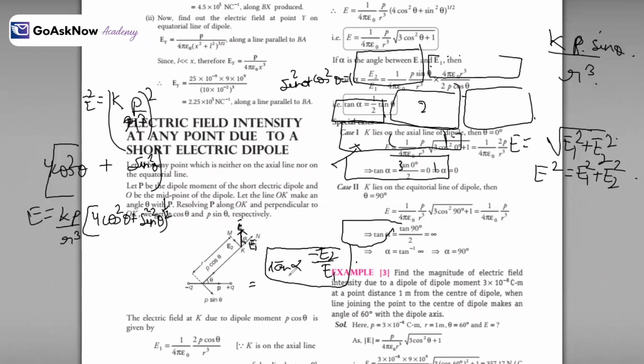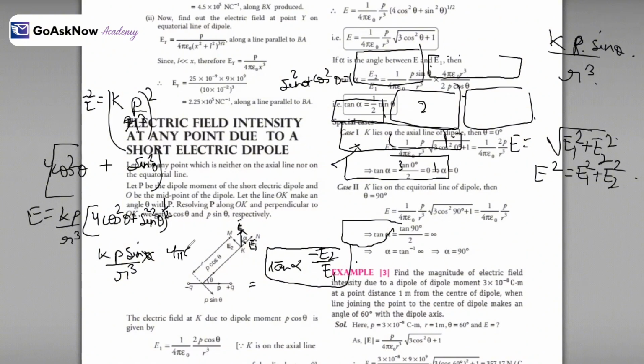If you now substitute the values of E2 and E1 here, E2 will be k into p sin theta upon r cube. This is the value of E2, and what is the value of E1? We will write it in the inverted way because it is in the denominator.